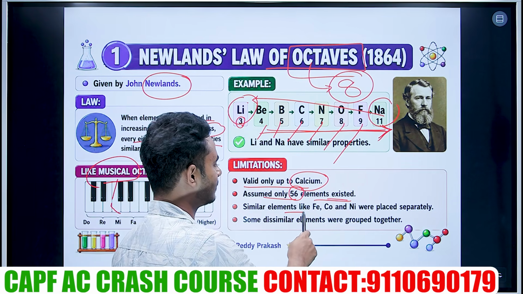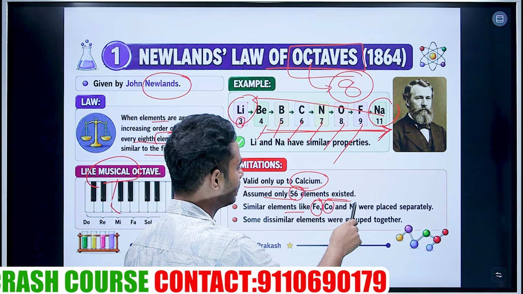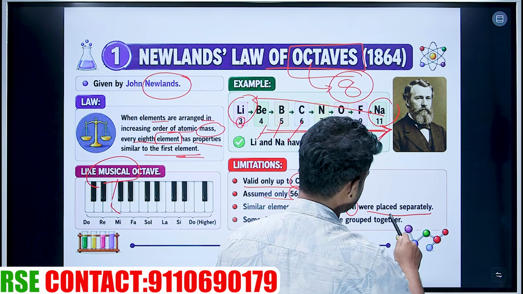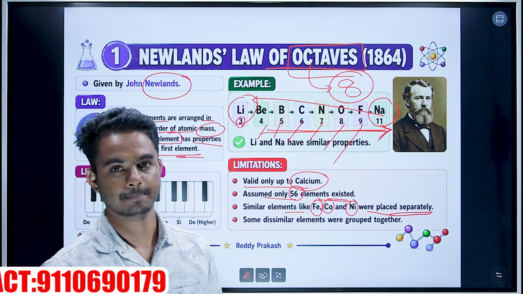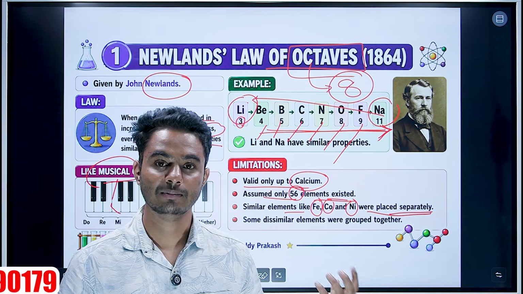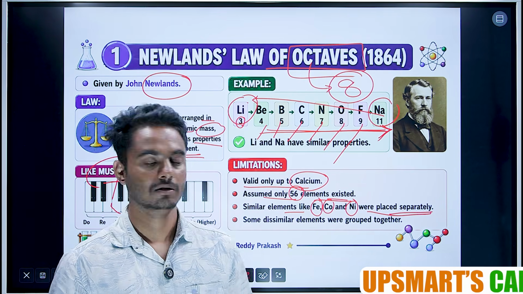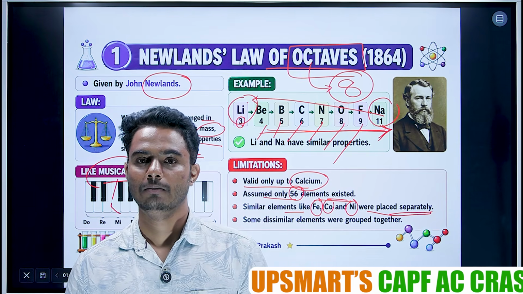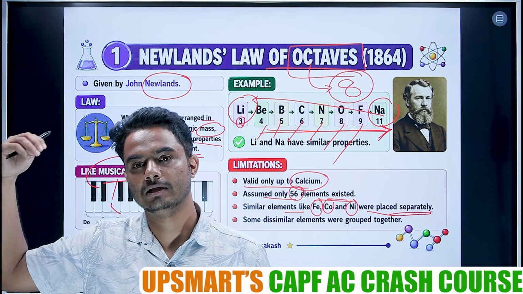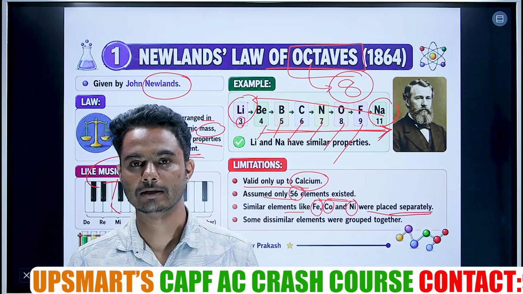Next, similar elements like iron, cobalt, nickel were placed separately. Why? He could have placed the similar elements in a sequence. But then the first and second similar elements might not always fall on the first and eighth positions to prove the similarity.